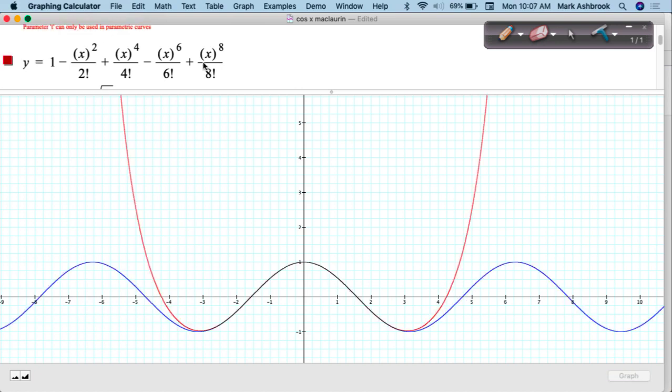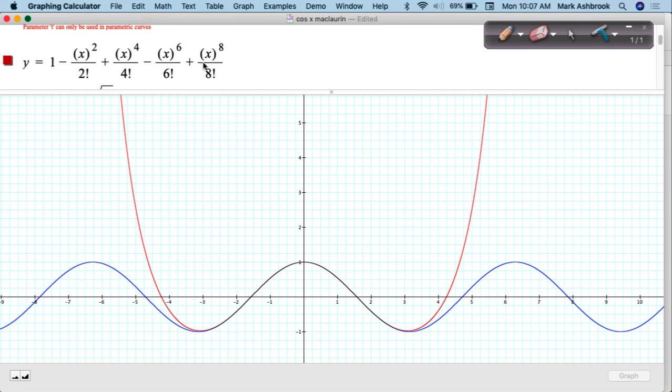And what's going to happen as you keep taking this sequence of partial sums, you keep adding more and more terms. The red graph is just going to keep bending and bending and doing a better job. And you found out that this converges for what? You should have gotten all real numbers when you did the ratio test. And so we see this happening, right?